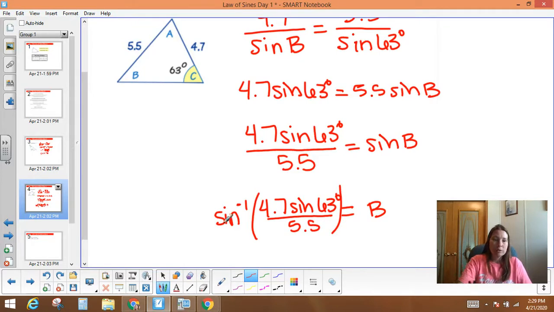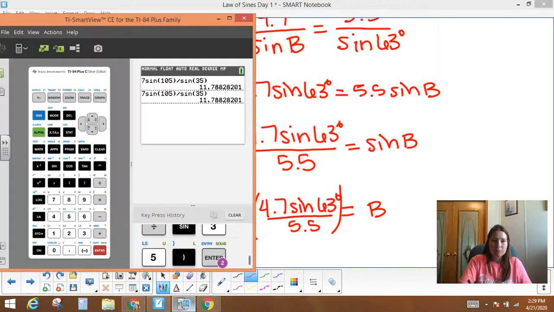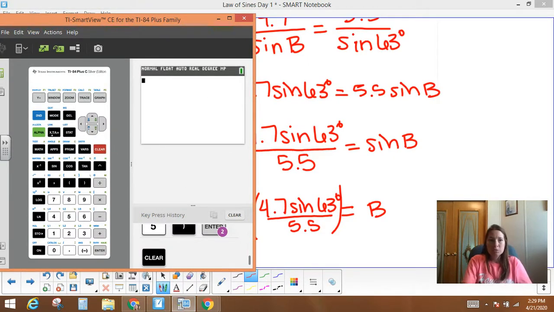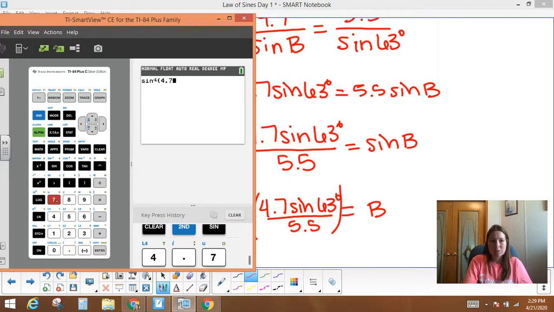All right, so in my calculator, we are going to do inverse sine, so second sine, and then we want 4.7 sine of 63 degrees divided by 5.5, and then close parentheses on the whole thing.